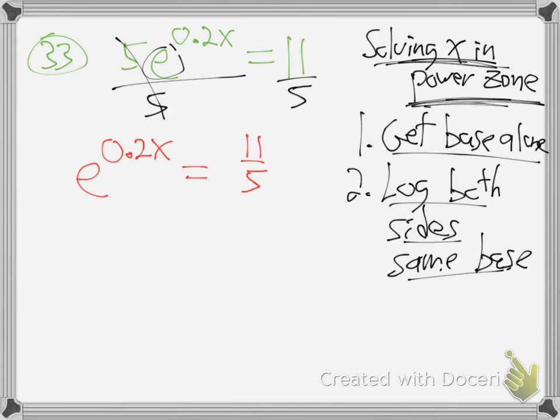So I got the base alone, that's step 1. The e is the base, so I could draw the arrow over there. And now what do we do? Log both sides with the same base.